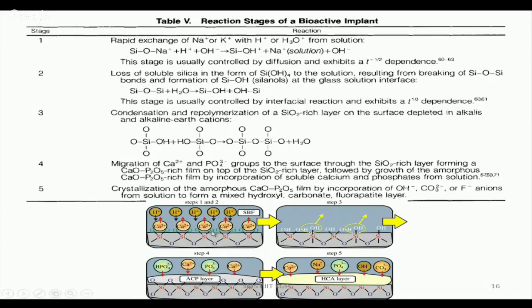So as you can see here, calcium starts nucleating on the surface of SiO minus, and then phosphates come in, and there is a nucleation of calcium phosphate and eventual growth of hydroxyapatite or hydroxyapatite carbonate or phosphate-like layers on the surface of the material, and that is what bioactivation is, similar to Kokubo's method. Okay, so in case of bioglass it happens.